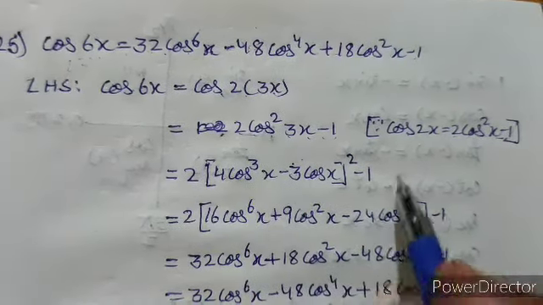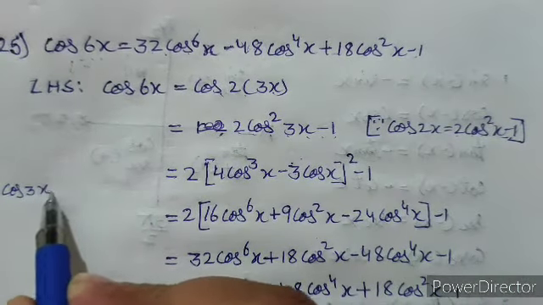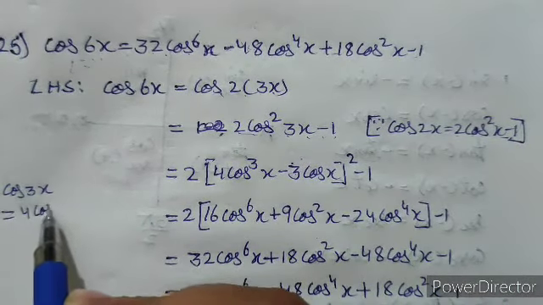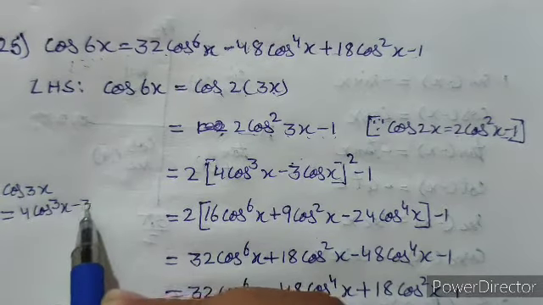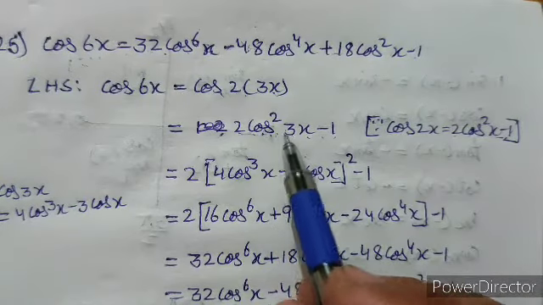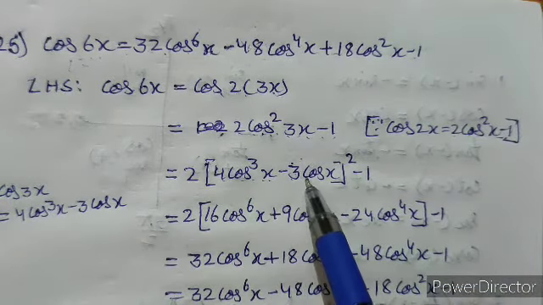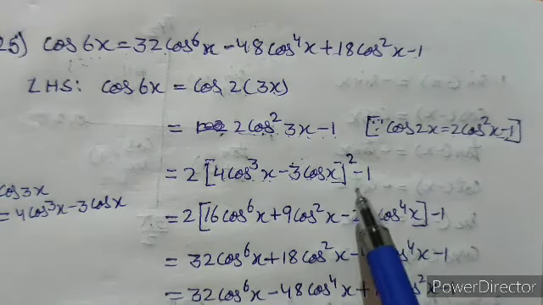Now again, cos 3x is equal to 4 cos cube x minus 3 cos x. So here cos square 3x can be written as (4 cos cube x minus 3 cos x) whole square.